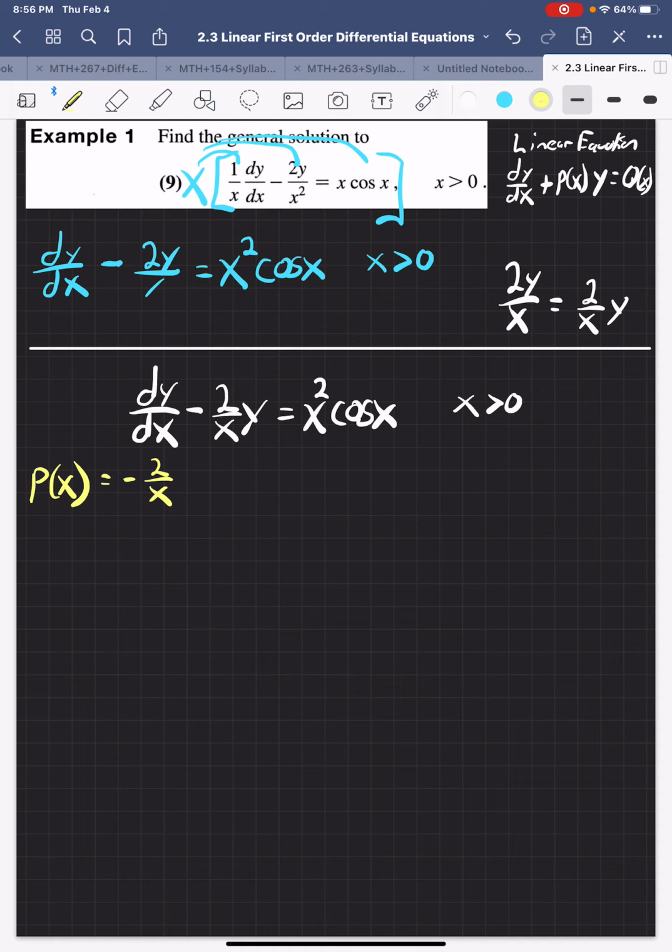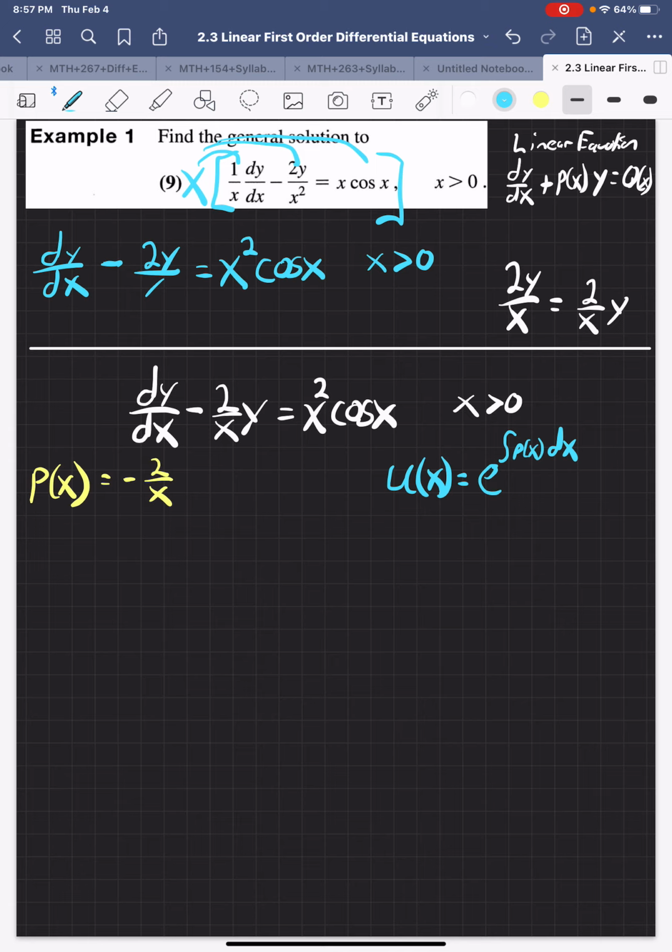Now remember that u of x was that integrating factor that helped us solve these differential equations. Let's recap that u of x is just equal to e to the power of the integral of p of x dx.